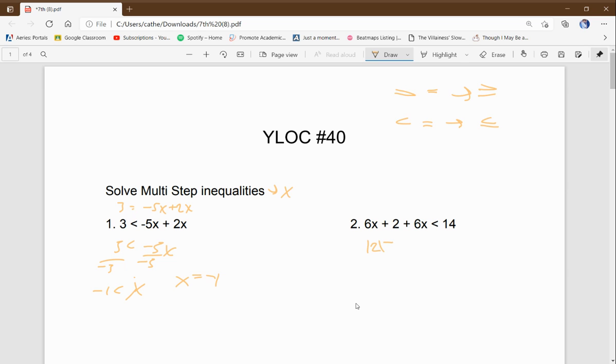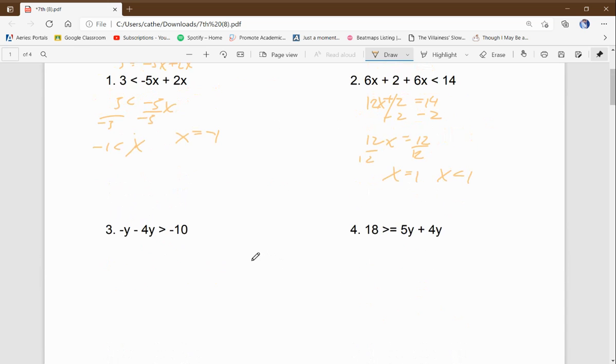Next, it's 12x plus 2. 14 minus 2. 12x equals 12. So x equals 1, but it also is less than 1. So this is the answer, okay?